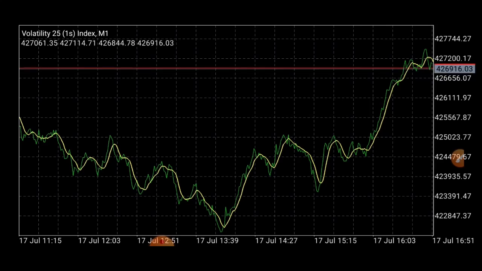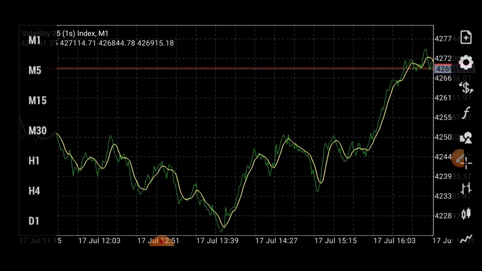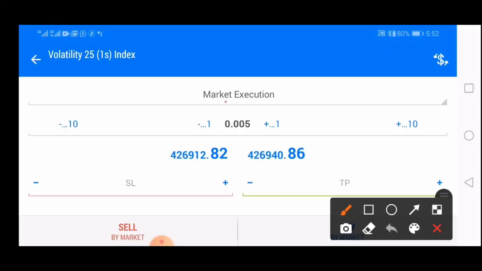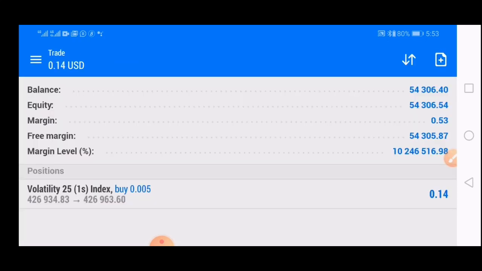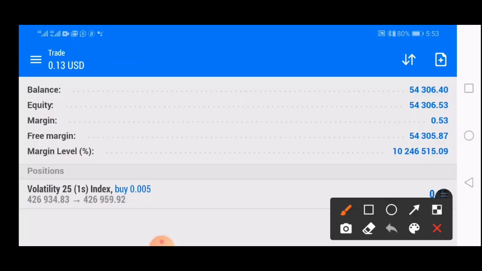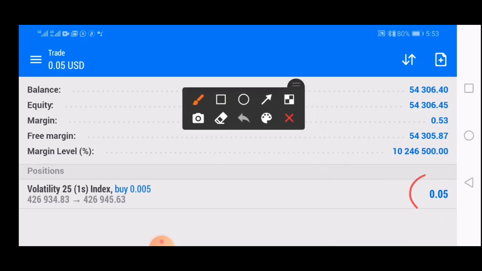Let me just give you a practical example. This is volatility 25 index. So I'll open a position here using a lot size of 0.05 and market execution. So I'll open a buy position. Assuming this position I opened is going against me, meaning that somewhere here I'll be incurring losses. Maybe the losses is increasing.